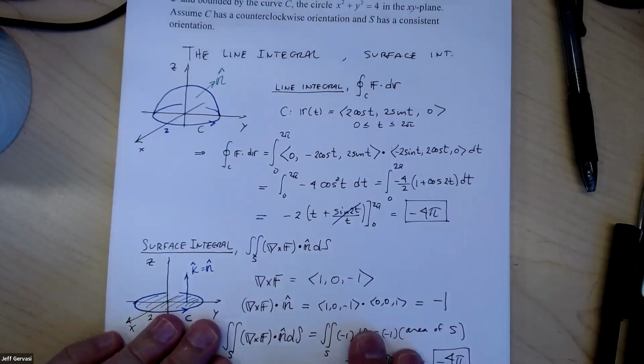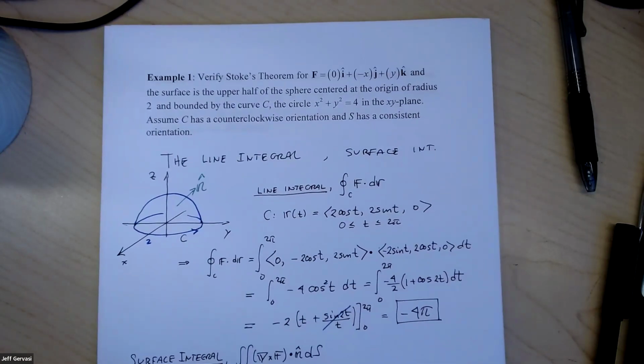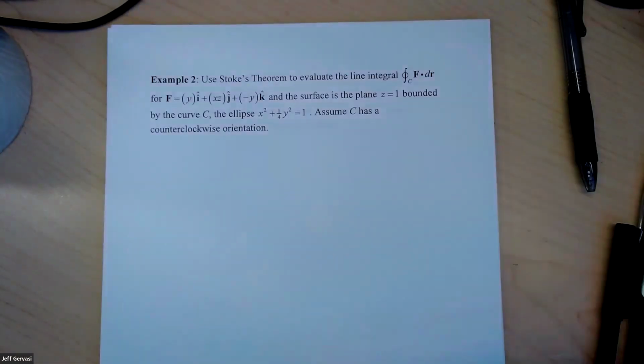All right, let's see what we have for our next example. Use Stokes' theorem to evaluate the line integral for the given vector field, and the surface is the plane z equals 1, bounded by the curve C, which is the ellipse, x squared plus 1/4 y squared equals 1. And again, assume C has a counterclockwise orientation.